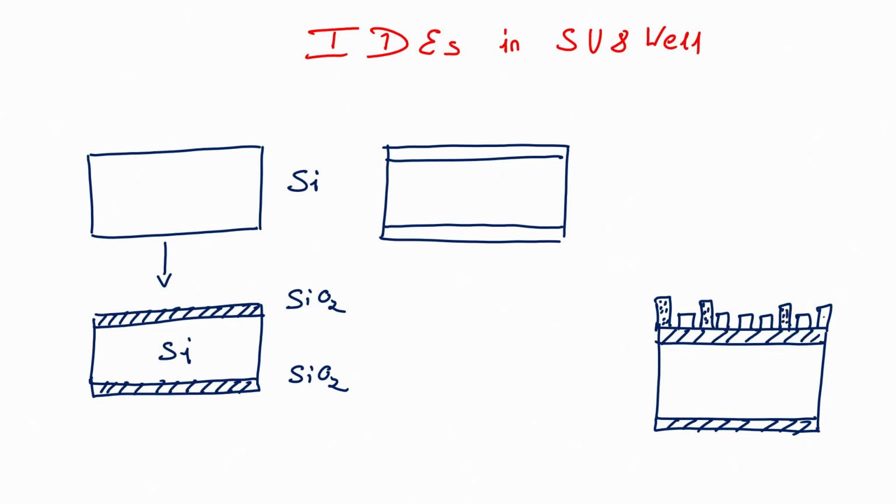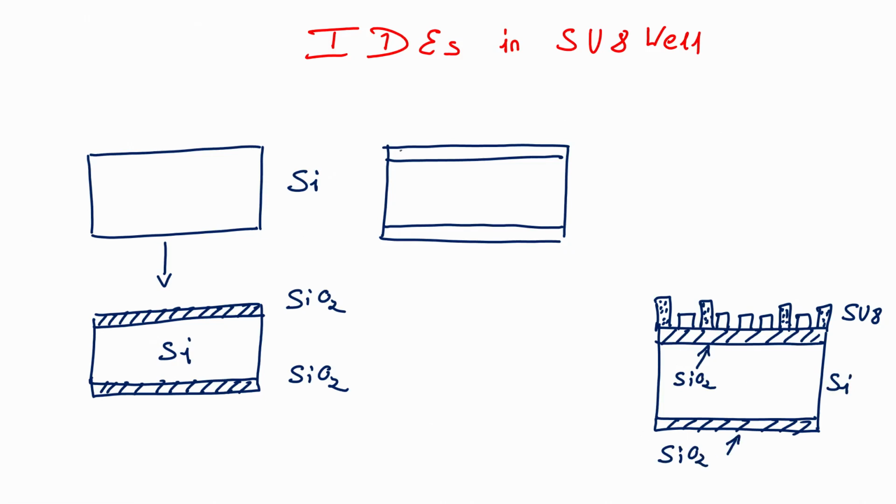This is what we want, okay. So, this is our SU8, this is SiO2, this is silicon, this is SiO2, alright, this is what we want.